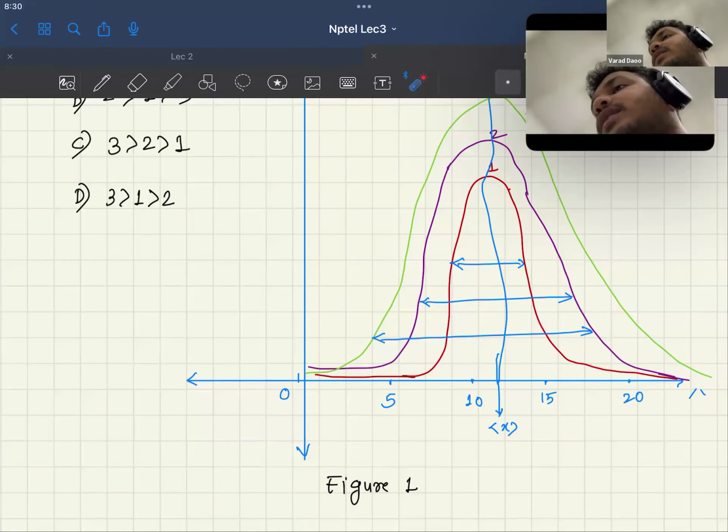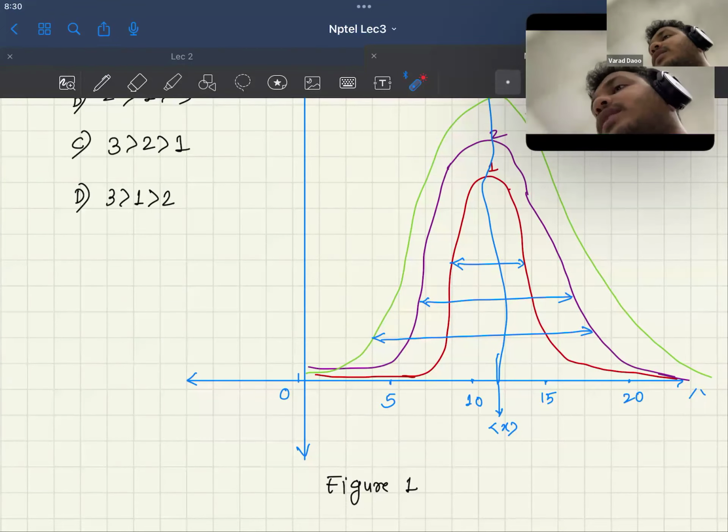These are the observations and these are the conclusions. Hence we conclude that the changing parameter is somehow connected to the width of the curve. And we know that the width of the curve is correlated to standard deviation. This is also very clear. Hence the changing parameter is sigma.